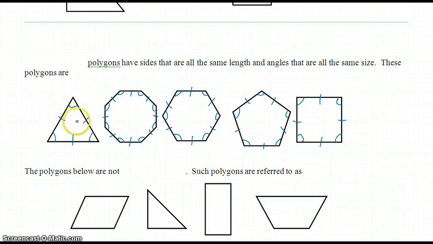When a polygon has all the sides congruent and all the angles congruent, it is known as regular. All of these polygons are regular.